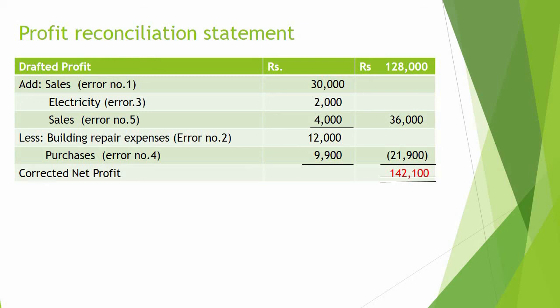If an income account or expense account is debited, you should deduct it from the drafted profit. Based on that principle, we can calculate the corrected profit in Amari's business for the year ended 31st March 2019 as 142,100 rupees.